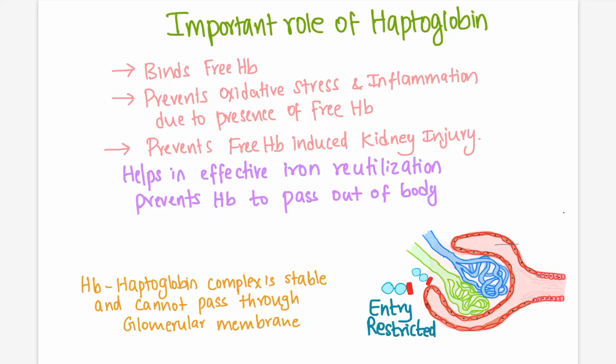So if hemoglobin is excreted, then the body loses lots of iron. So haptoglobin helps to salvage the iron, and it helps the body to utilize iron more effectively by preventing its loss. And one more thing, the haptoglobin hemoglobin complex is very stable and it cannot pass through the glomerular membrane. The entry is strictly restricted.